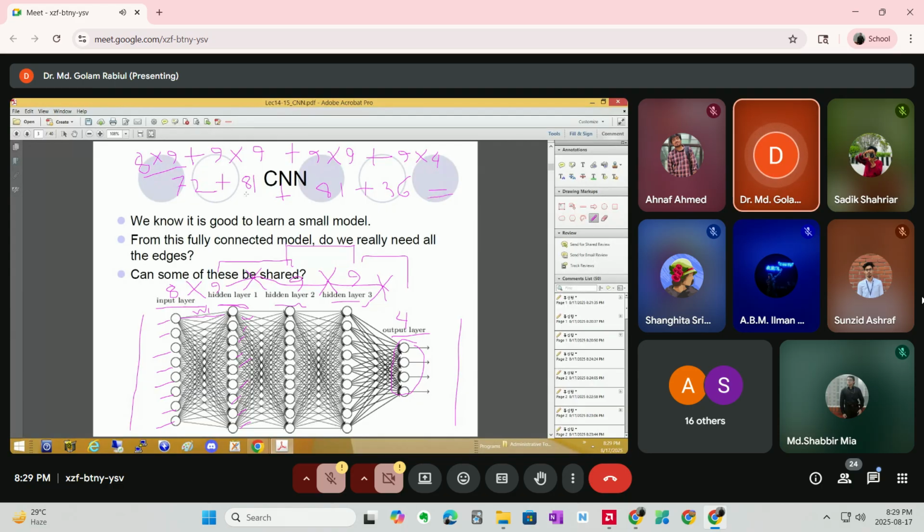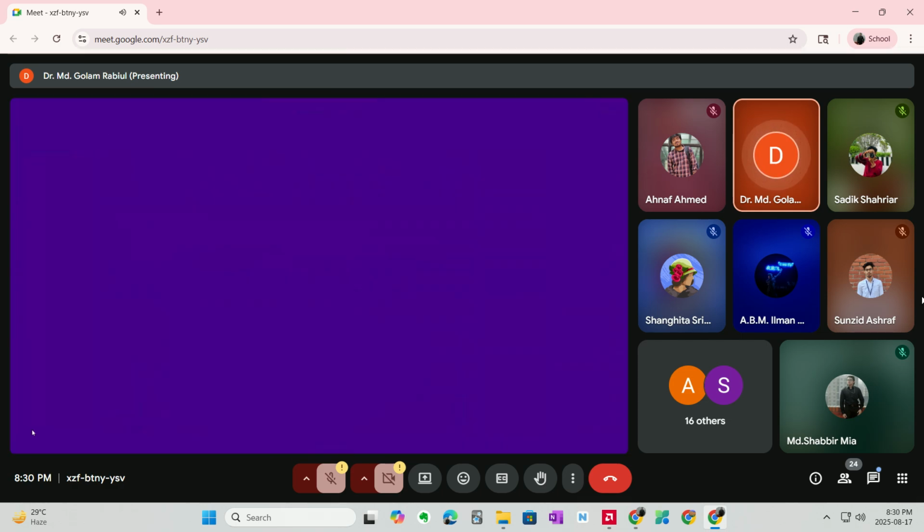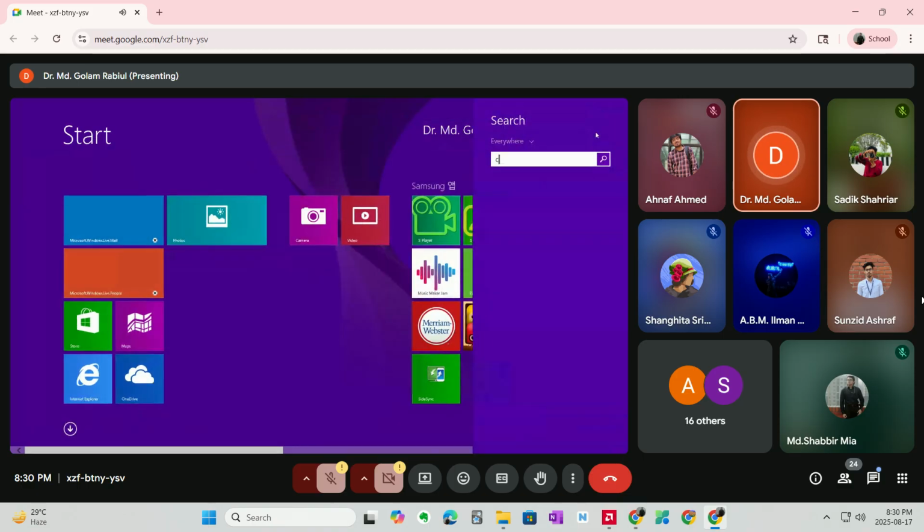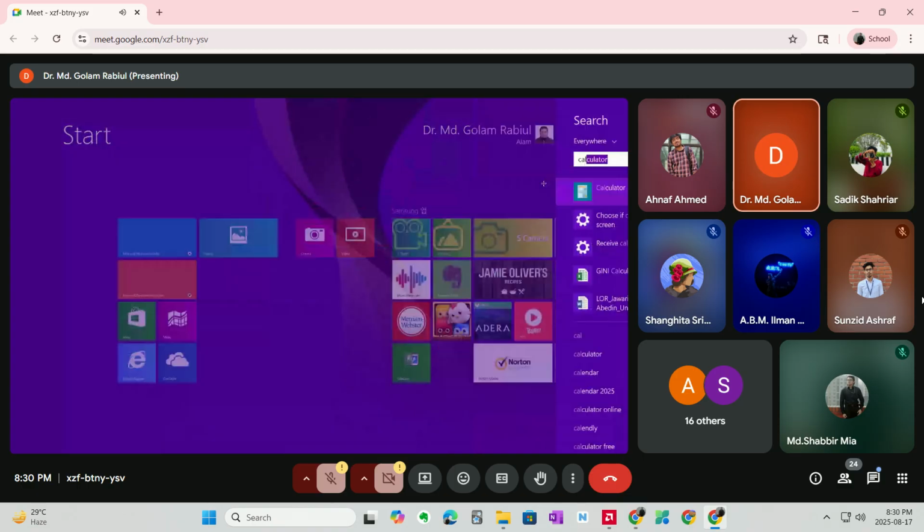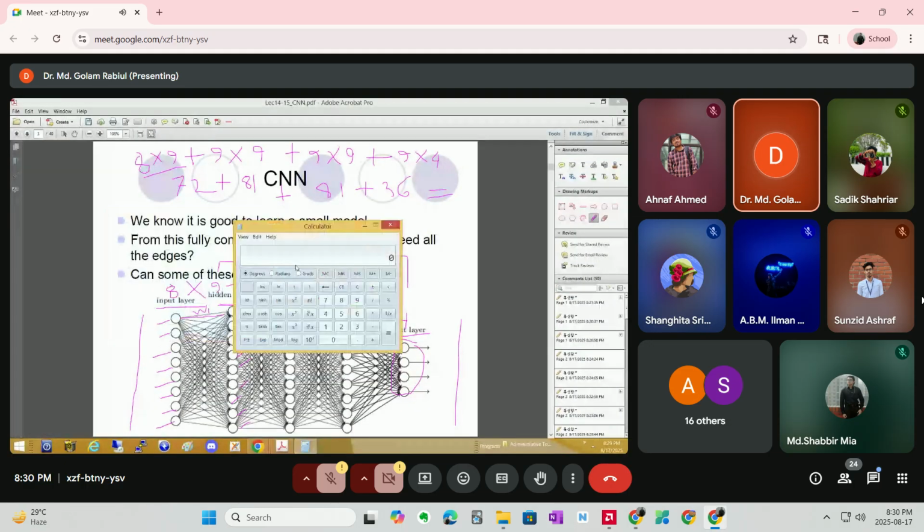In addition, the total number of weights: 72 plus 81 plus 81 plus 36.